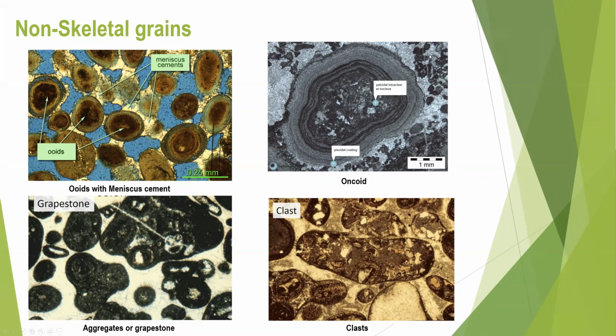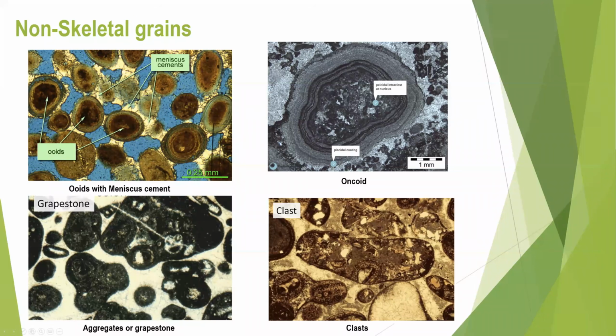We also have the non-skeletal grain oncoid. Oncoids are similar to ooids, but they are created by cyanobacteria, one of those biotically induced precipitations we showed, and they show a very calm environment.